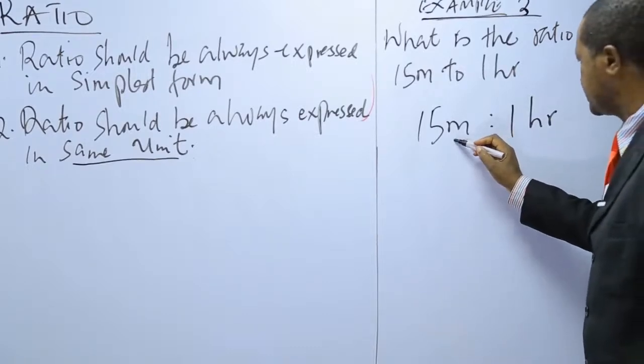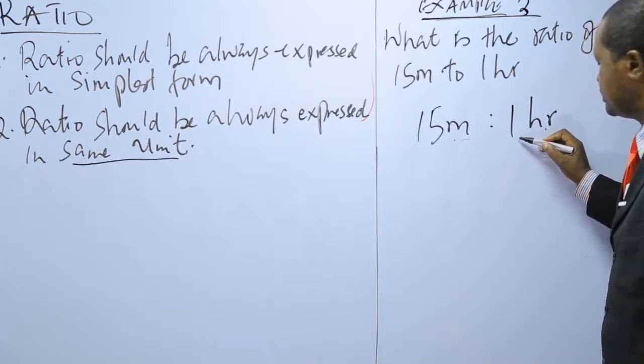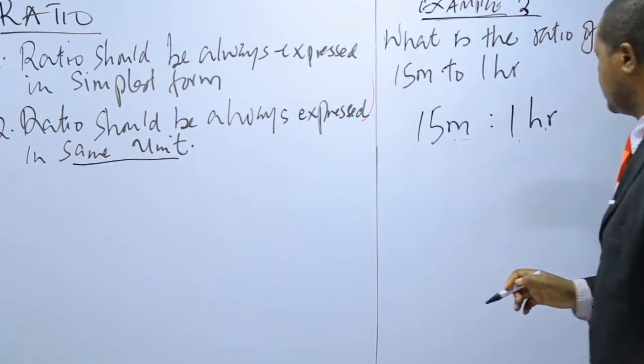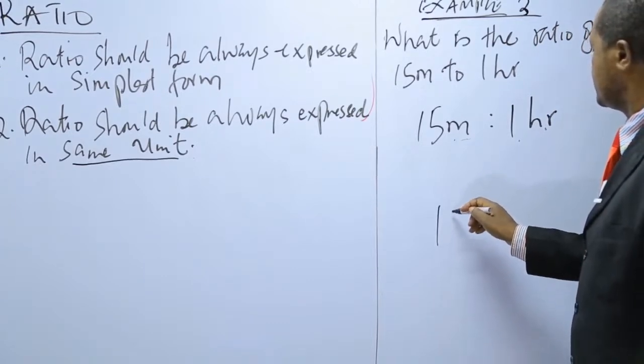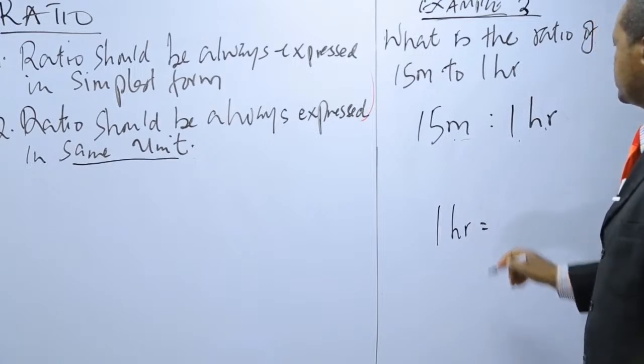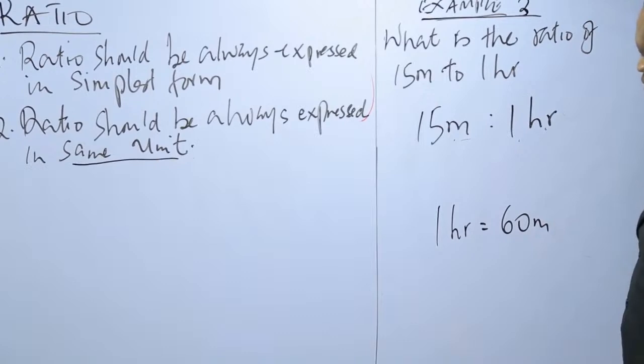So here we have minutes and hours. So we'll convert this 1 hour to minutes, and we know 1 hour is equal to 60 minutes.